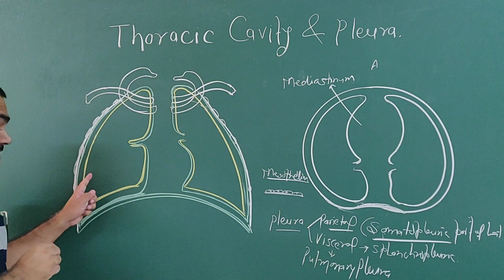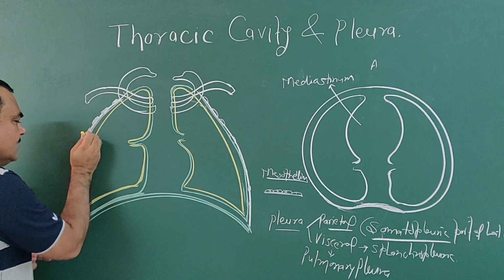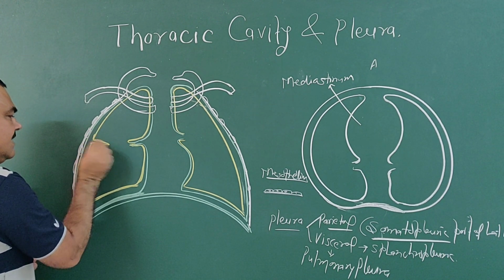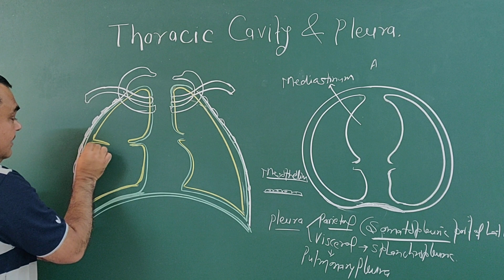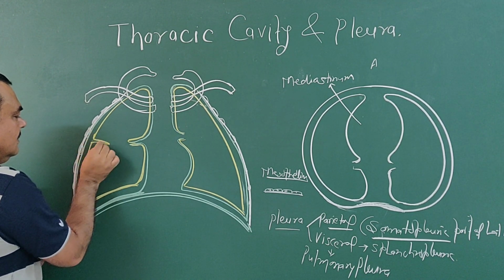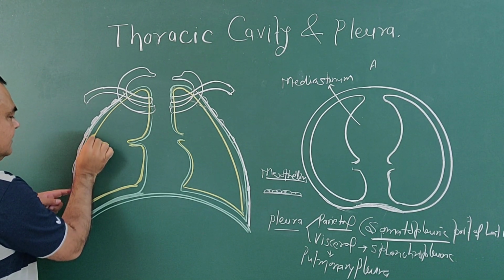It covers the surface of the lung, and where fissures are formed, it also covers the fissures of the lung. If here is a fissure, then it passes and covers the surface and goes into the fissure like this.